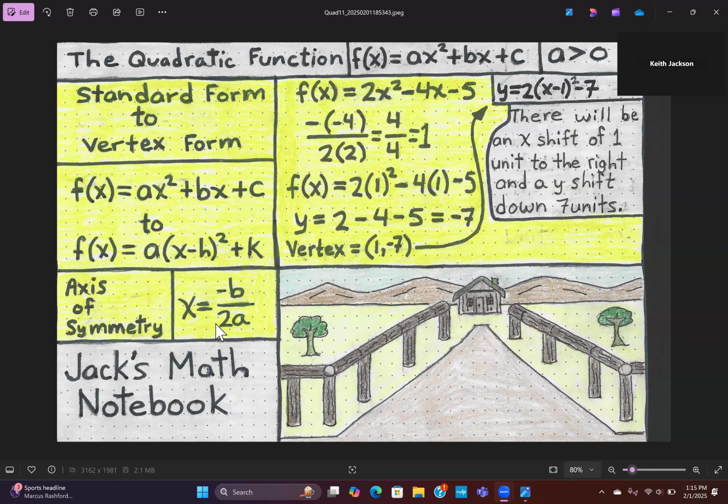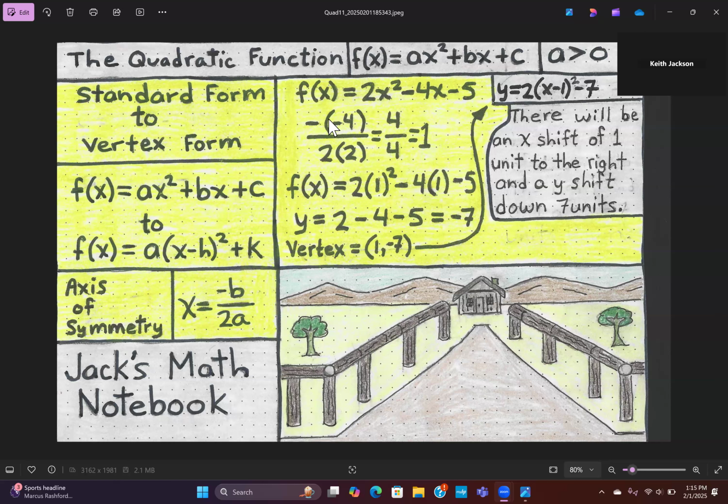And so let's go ahead with our quadratic function in standard form, in which we have f(x) = 2x squared minus 4x minus 5. All right, so what we're going to do is put negative b and divide that by 2a. In this case, negative b will be a negative 4, and our a is 2 right here.